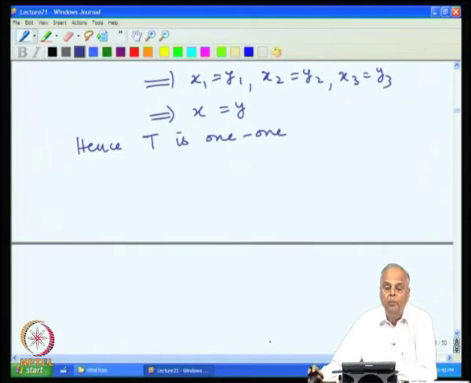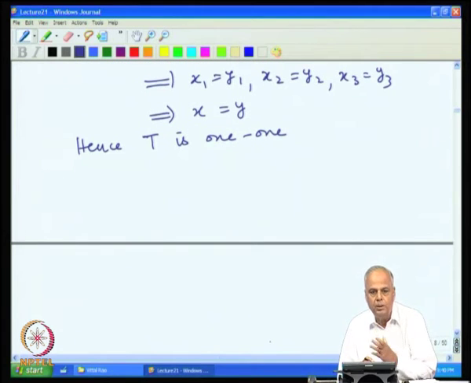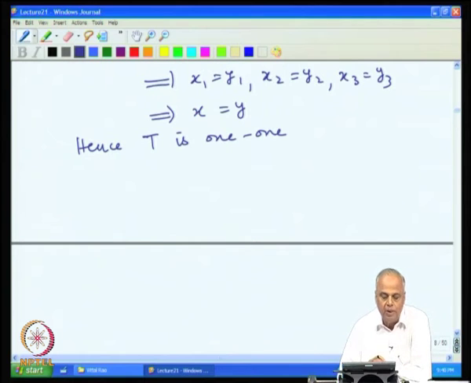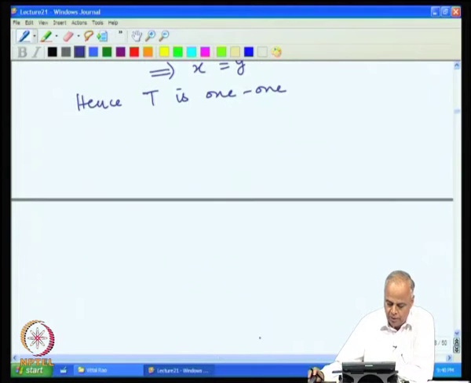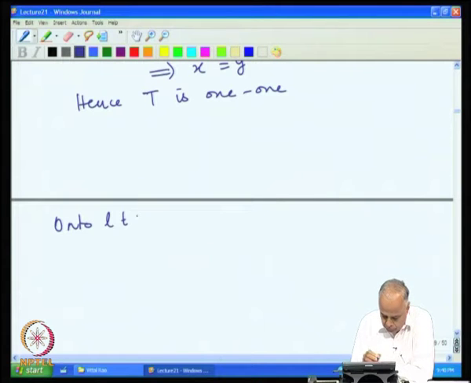Thus, the possibility exists for a 1-1 linear transformation from V to W if the dimension of V is less than or equal to the dimension of W. We next introduce the notion of an onto linear transformation.